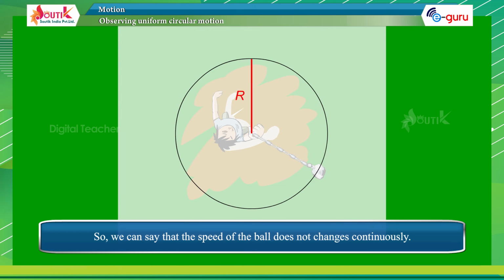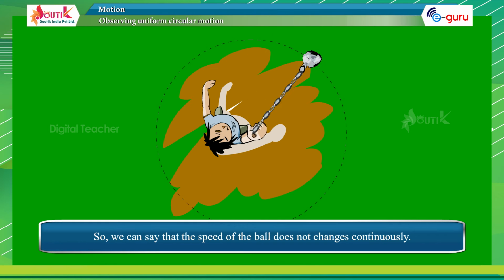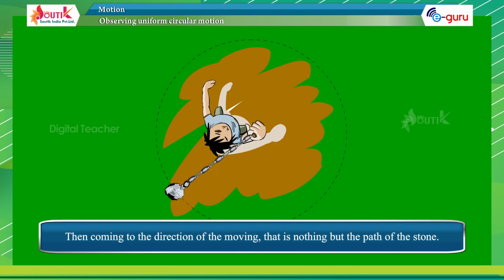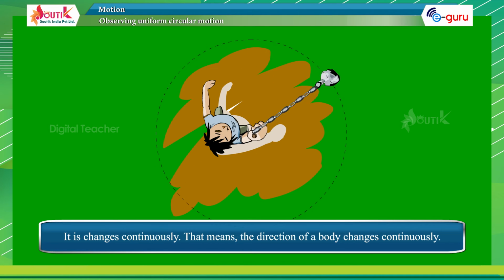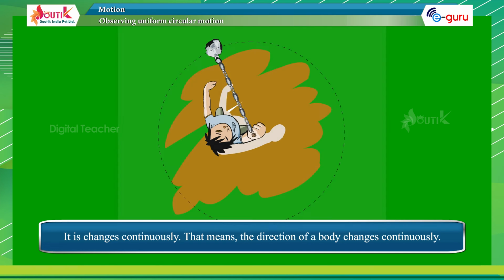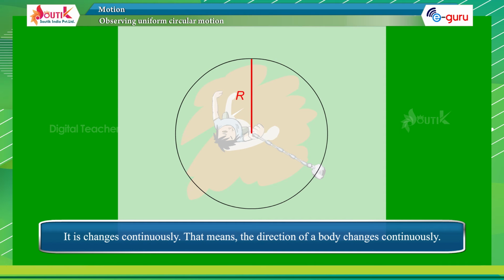So, we can say that the speed of the stone does not change. Coming to the direction of motion, that is nothing but the path of the stone. It changes continuously. That means the direction of the body changes continuously.